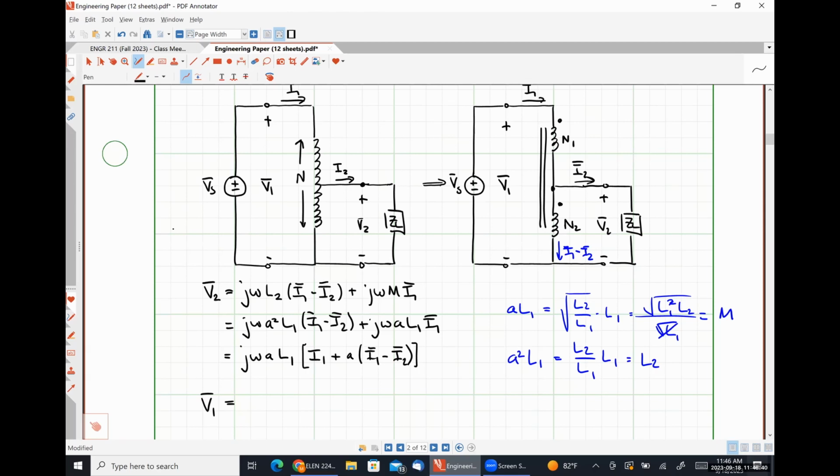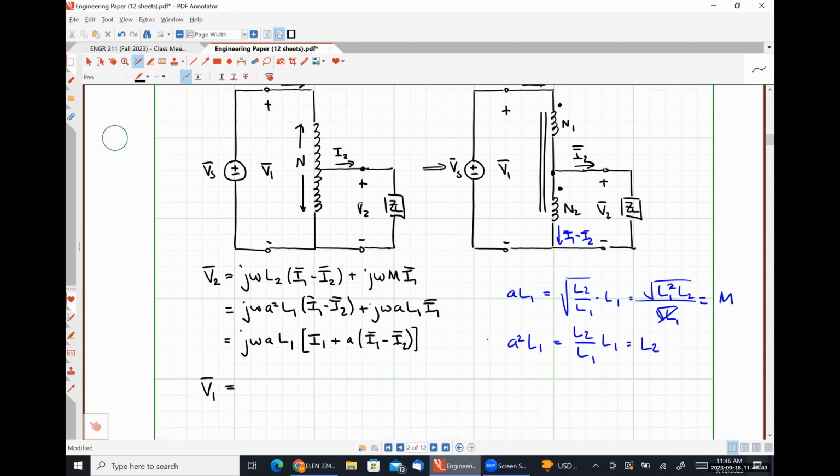So for the coil 1 portion, we're going to have j omega L1 times I1 plus j omega M times (I1 minus I2), and then we're just going to add to that V2. Anybody have a problem with how I came up with this expression? Hopefully it should be fairly old hat.